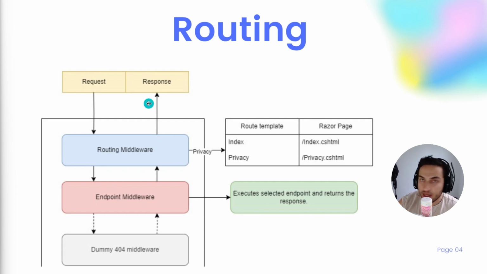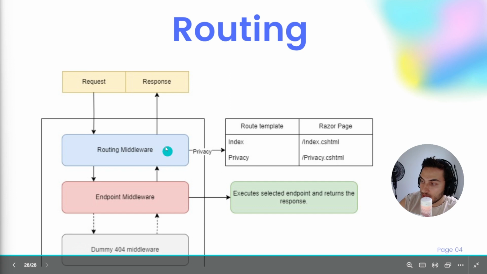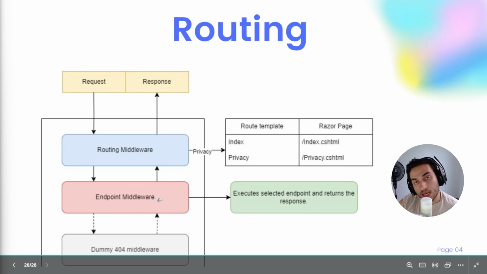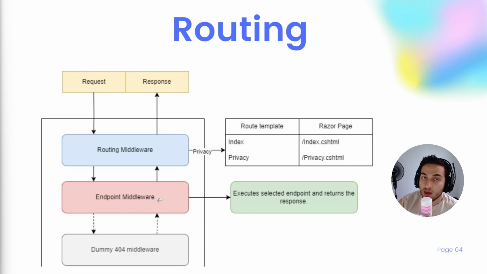So that's why it is so important to understand the middleware that we studied in the lecture before, because as this is executing as a pipeline, it is really important that the endpoint middleware is executed after the routing one, because this one is going to first write down important information that otherwise the endpoint middleware will not know what to execute if it doesn't have that information beforehand.